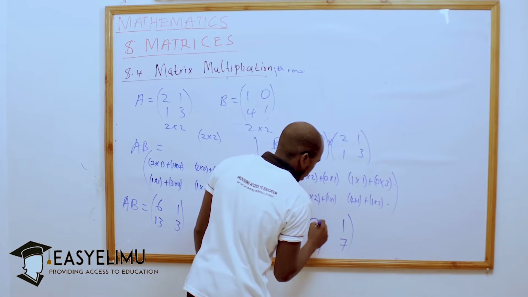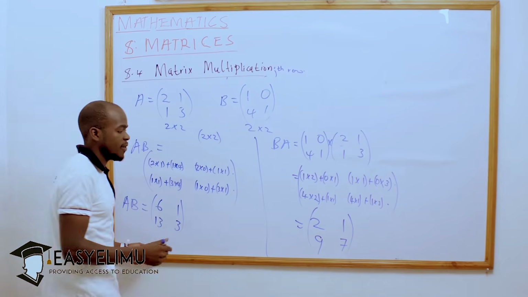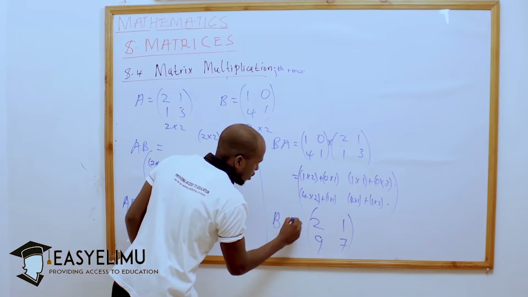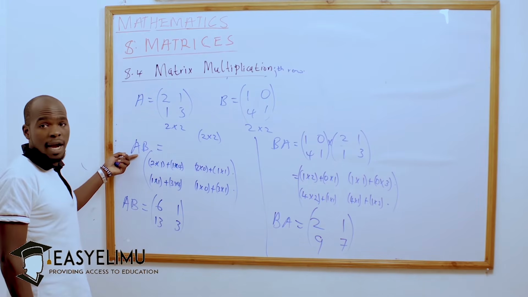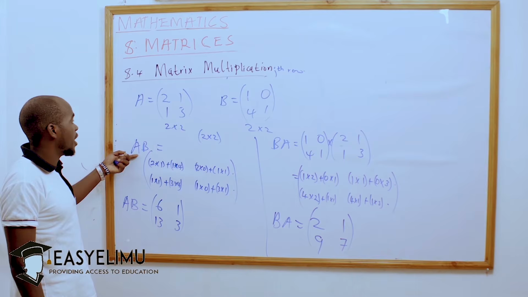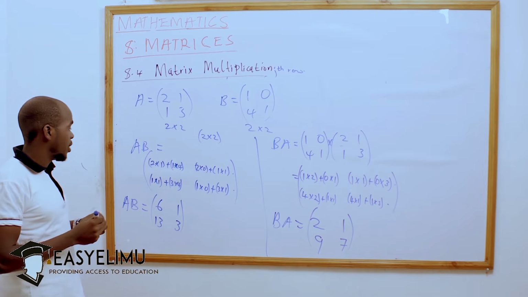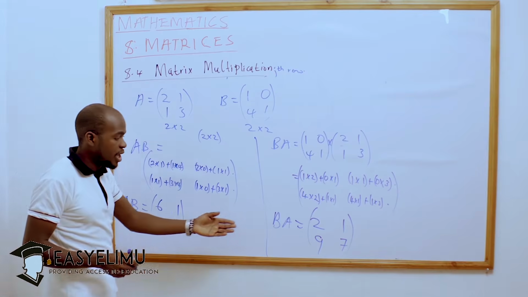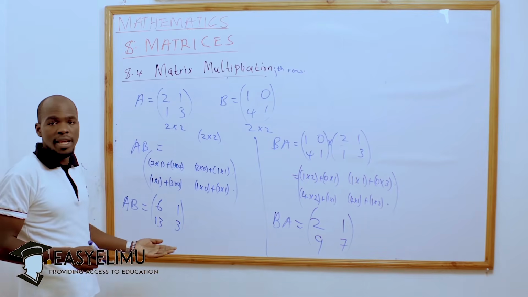As you can check, you will find that the two matrices are not the same. This is for BA, this is for AB. For that person who was asked to find the multiplication of A and B, and worked out BA instead, you will see that they are totally different.